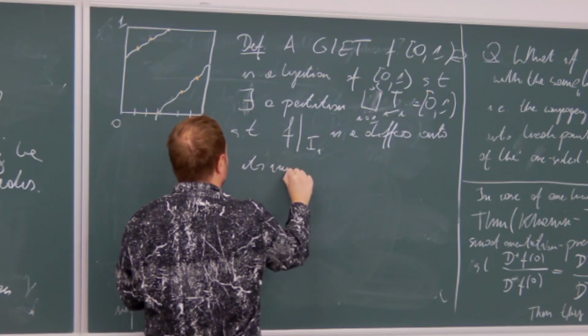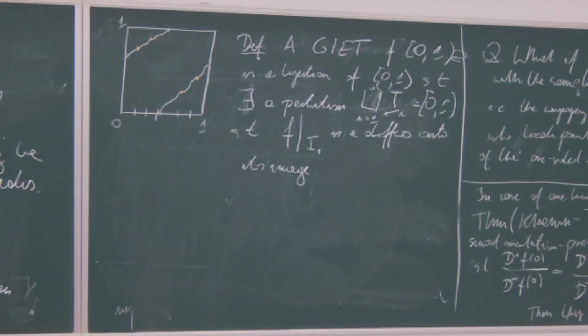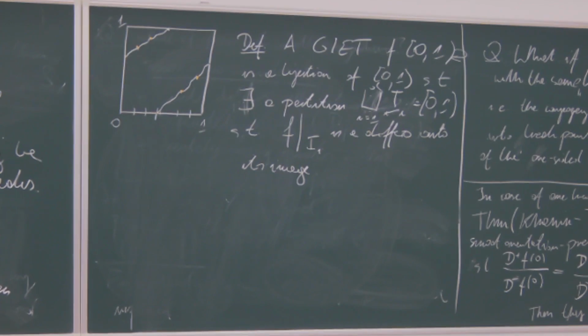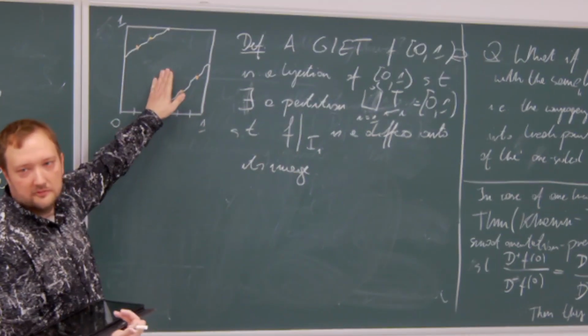Does it need to be orientation preserving? We always assume that everything is at least, so in this case we will assume that it's orientation preserving on pieces. In general, this class is much wider than what I drew over here.